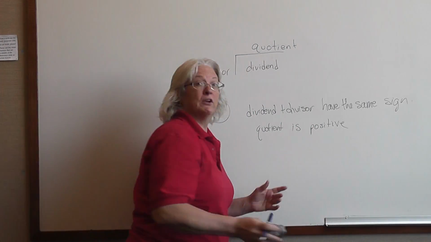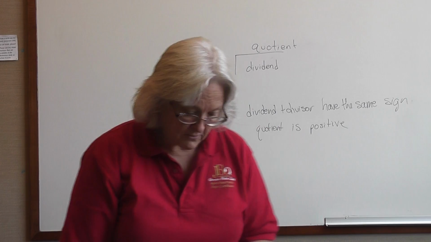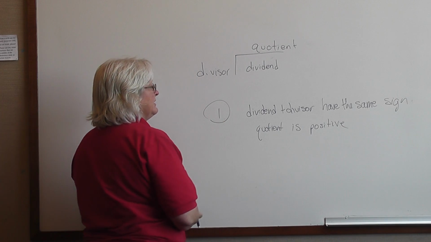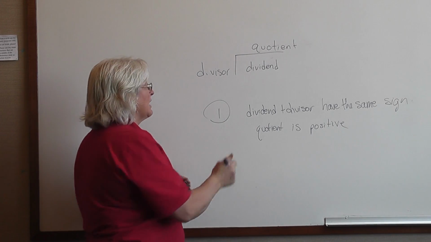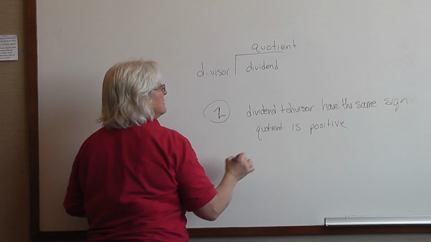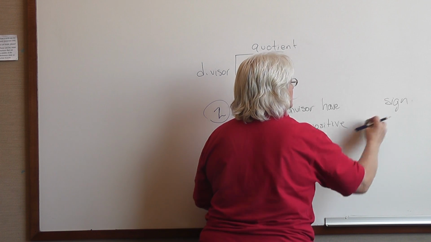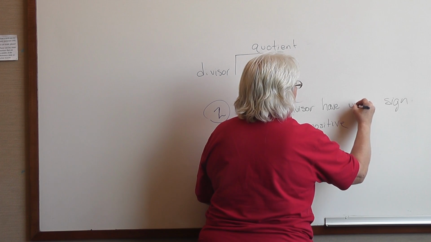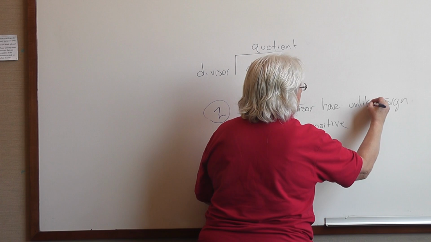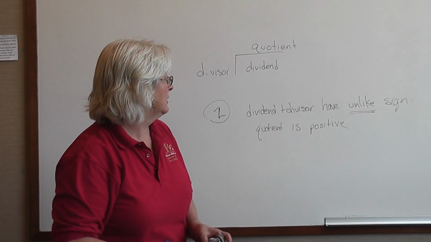And I bet you can figure out what the next rule is here before I even write it. If the dividend and divisor have different signs, or unlike. Now this is not like when you unlike something on Facebook.